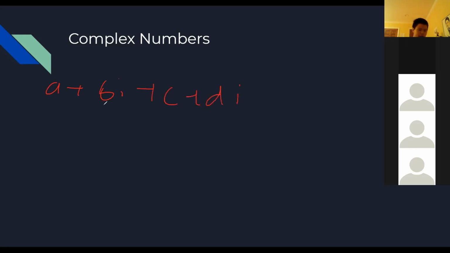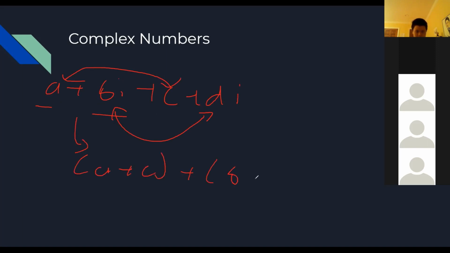We can't add a real number and i together. They are fundamentally different. But what we can do is add imaginary numbers with imaginary numbers and real numbers with real numbers. So this would turn out to be a plus c plus (b plus d)i. So if we had 3 plus 4i plus 4 plus 5i, this would add up to 7 plus 9i.